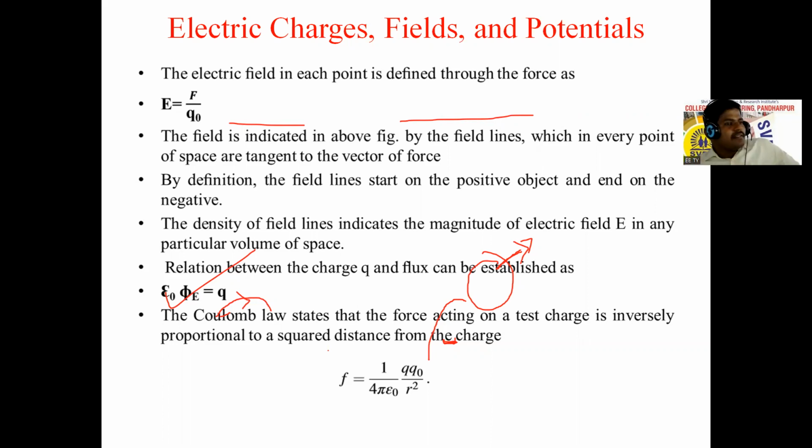So according to this, F equals 1 upon 4 pi epsilon 0 q0 q divided by r square.